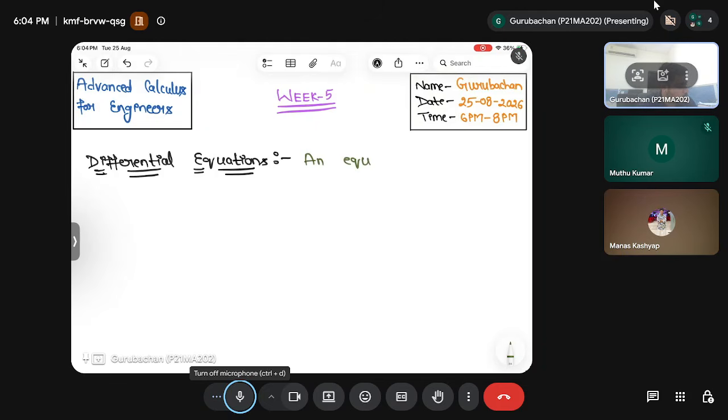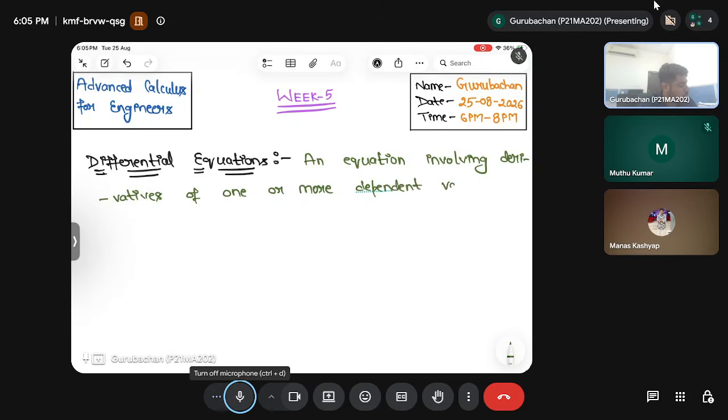An equation involving derivatives of one or more dependent variables with respect to one or more independent variables.